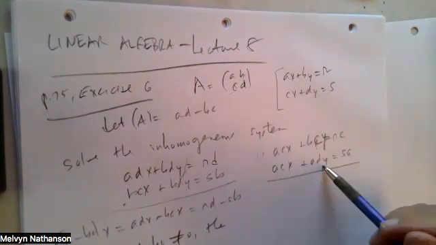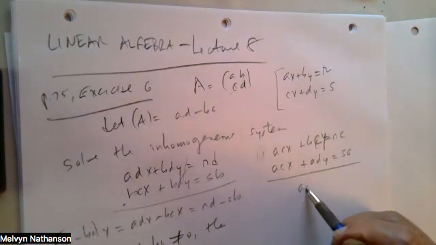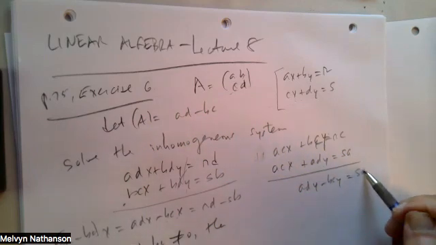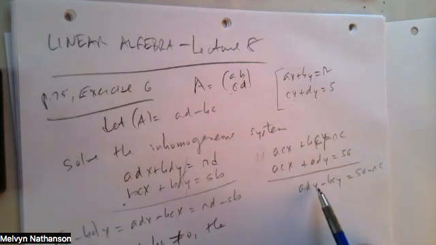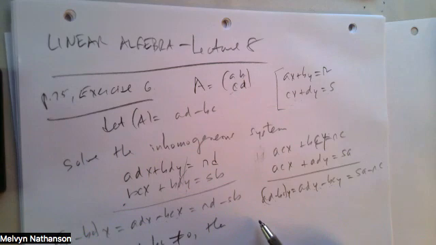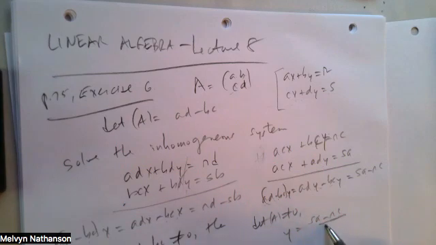If I subtract the first equation from the second, I get ADY minus BCY equals SA minus RC. And again, if I factor out the y, this is AD minus BC times y, which is the determinant. So again, if the determinant is not 0, I can divide by this. So y has to be equal to SA minus RC over the determinant of A.